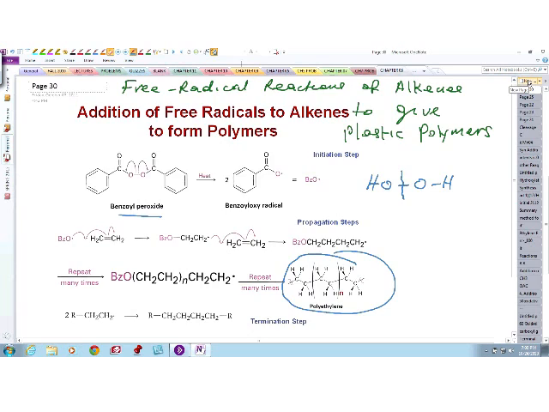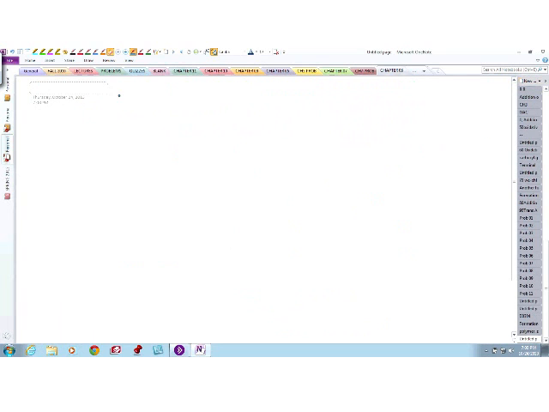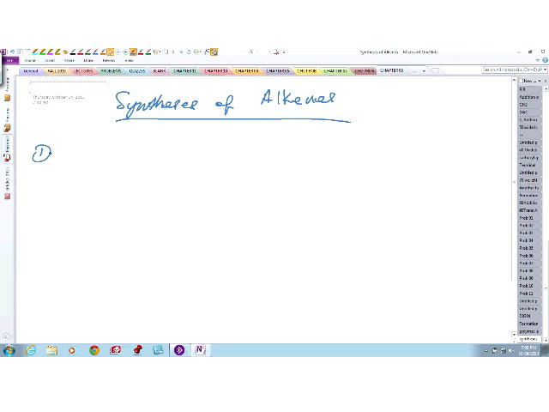Okay. Before we leave, let us finish up with synthesis of alkenes. There are two major syntheses for alkenes that we are going to discuss.